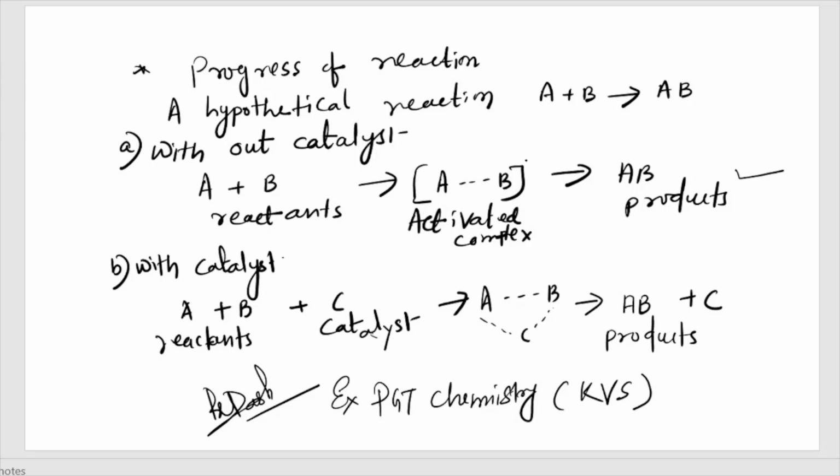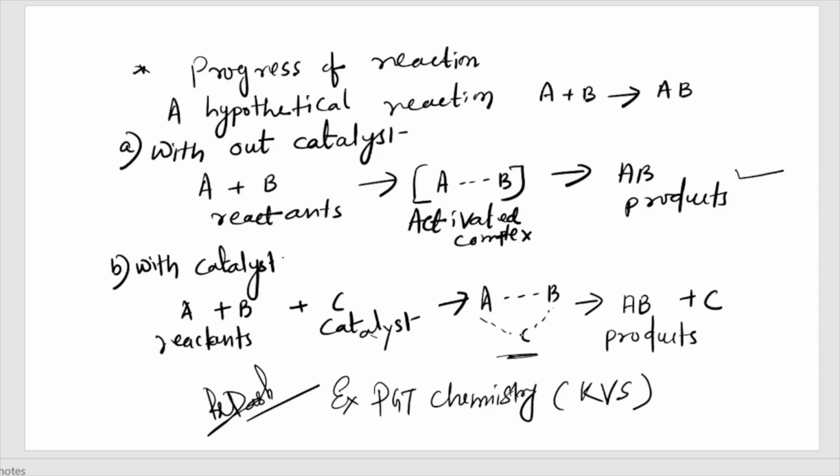With a catalyst, what happened? A plus B reactants give a transition activated complex, the transition state, where C is required, the C where your catalyst is used, and there is a bridging between A, B, C, where A and B are reactants and C is the catalyst.